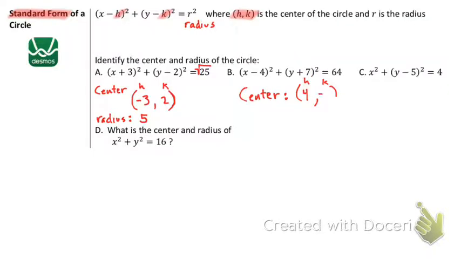That is -7. To find our radius, recall that this is our radius after we raise it to the second power. So to undo the second power, we are going to square root it. So the square root of 64, our radius is 8.